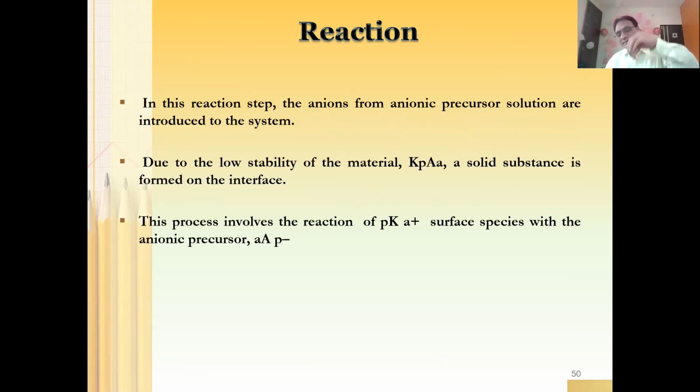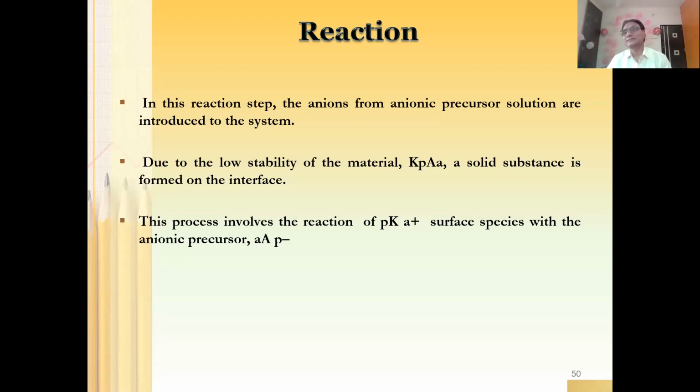So whenever you insert your substrate in the first beaker, which has the cationic solution, those cations are going to be adsorbed on the surface of the substrate, and there will be a formation of an electrical double layer as I mentioned earlier. The excess anions and excess cations need to be removed from the surface, and this is what happens during the rinsing.